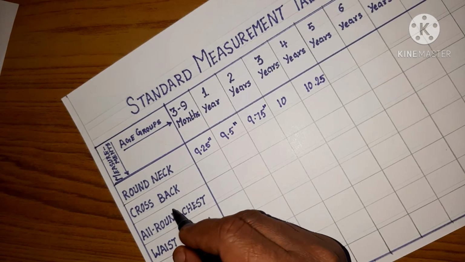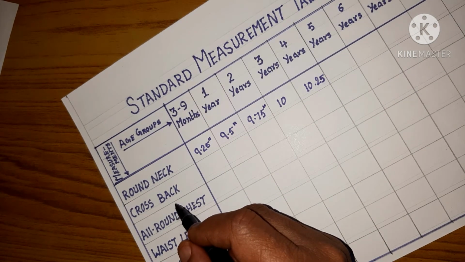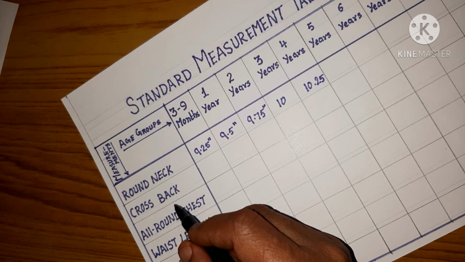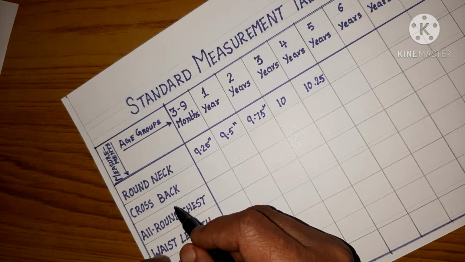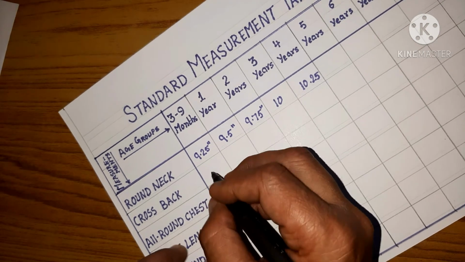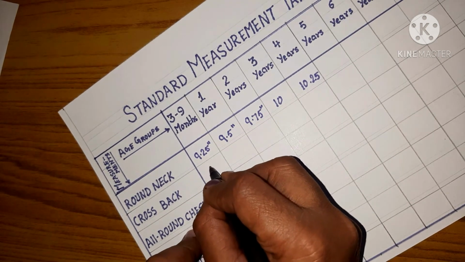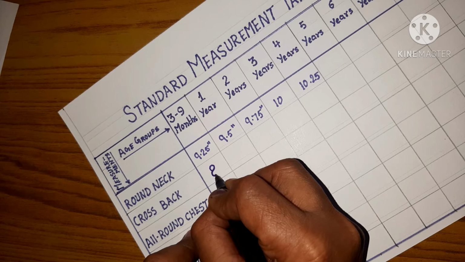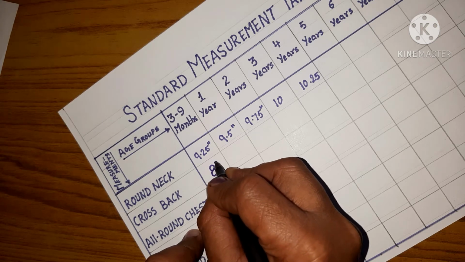Next is cross back. Cross back means you have to keep the tape at the back, at the shoulder of the child or the person you are measuring, and it is the distance between both shoulder bones. In the last video you must have seen this. If you have not, please visit it again. This is the measurement which actually decides the fitting of the garment.